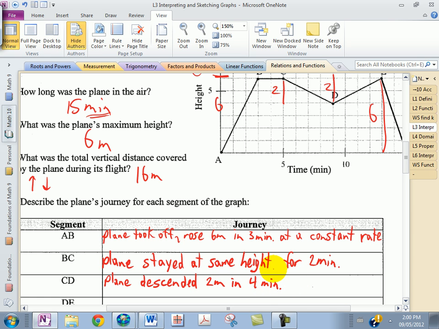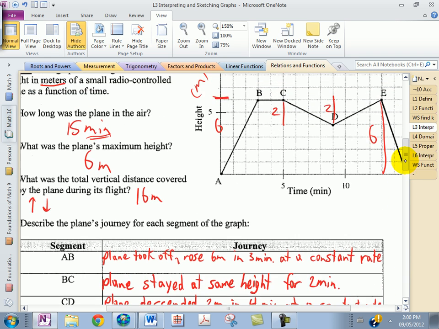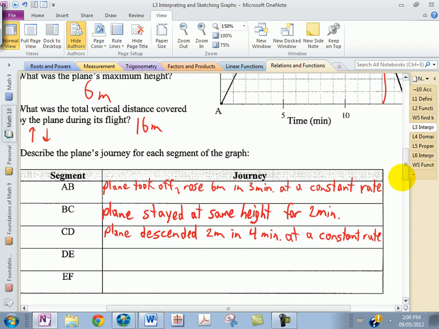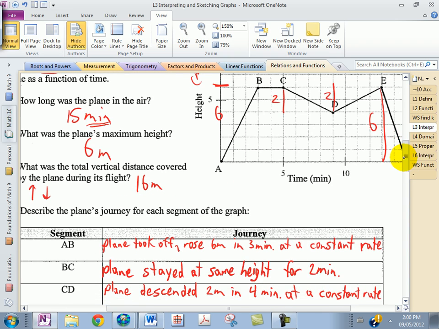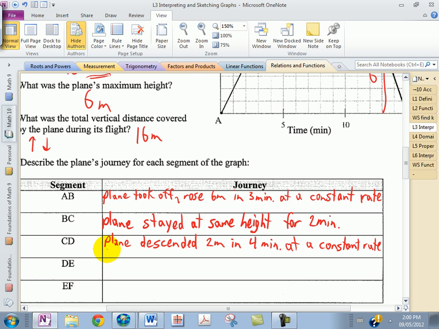Okay. And what does the line look like? Is it a curved line, flat line, horizontal line, straight line? It's straight. Okay, so what does that tell us about the rate of change? Constant. At a constant rate. Okay. That's important. Okay. D to E, what happens from D to E? Yeah, the height increases. How much? How long?